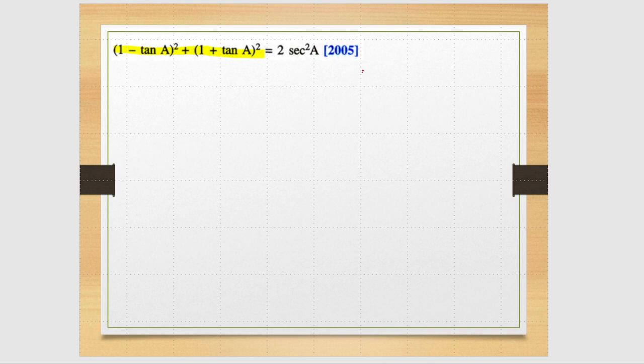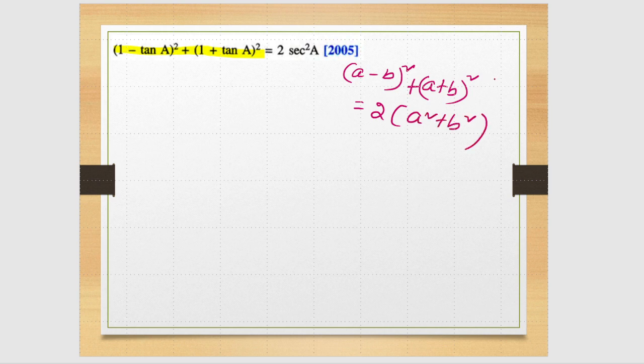What is that? (A minus B) whole square plus (A plus B) whole square equals 2 into (A square plus B square). Using this formula, we will solve. What is that? 2 into (1 square plus tan square A). This is the LHS part. Next, this is the second step.